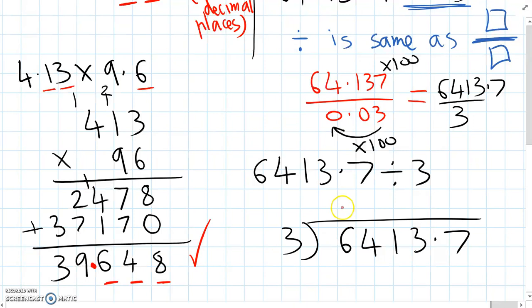And we have 2, 1 with 1 remainder, 3 with 2 remainder, 7 with 2 remainder, and our decimal point goes where it was.